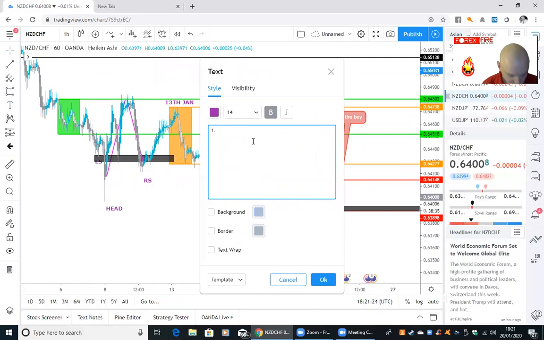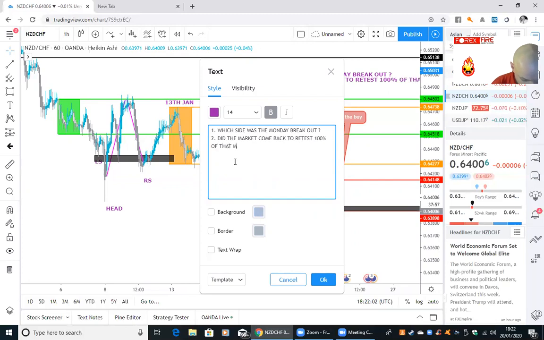Rule number 1, which side was the Monday breakout? Okay. Rule number 2, did the market come back to retest 100% of that Monday zone?